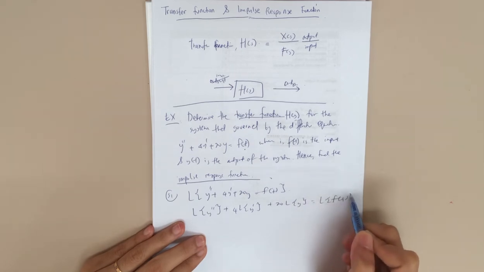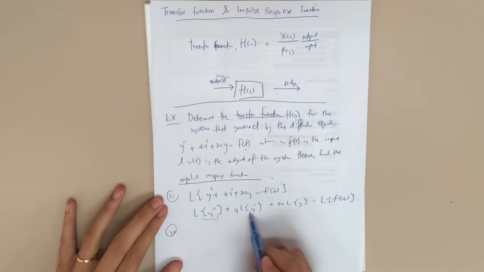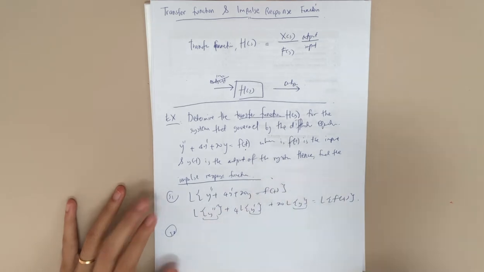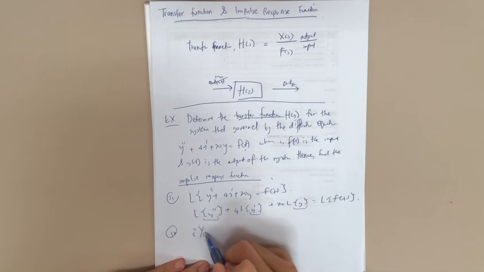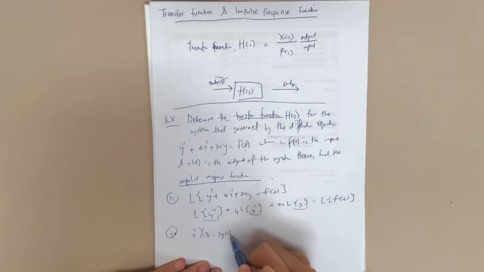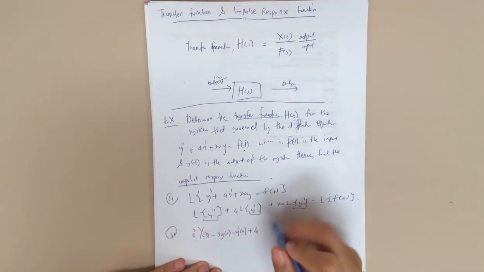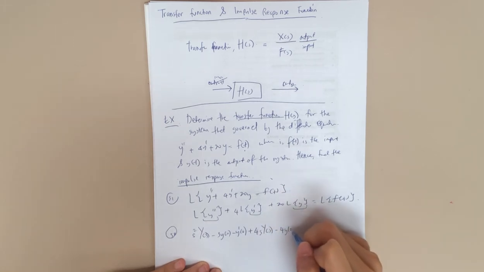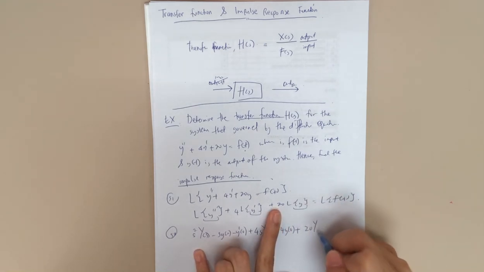Alright class, now what we do next is we substitute all this y double prime, y prime and y. It becomes what? Still remember or not? It becomes s squared Y(s) minus s y(0) minus y prime(0), and then plus 4sY(s) minus 4y(0), and then plus 20Y(s).